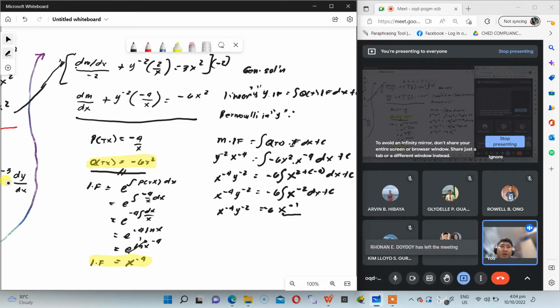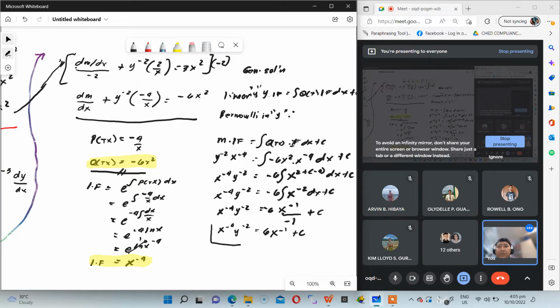So, over negative 1, plus c. Therefore, the negative here and the negative here become positive. So, x raised to the power of 4, y raised to the power of negative 2 equals negative negative, you have 6, positive now, x raised to the power of negative 1 plus c.